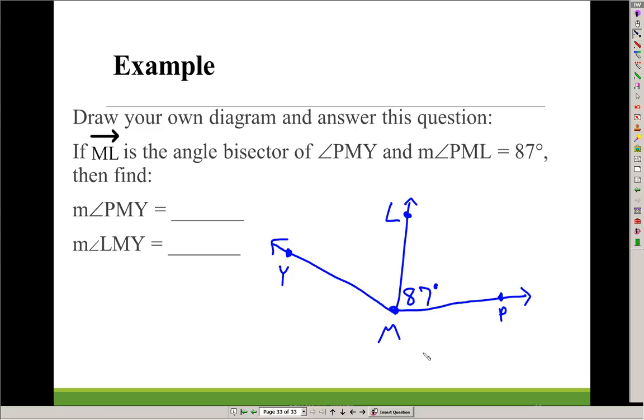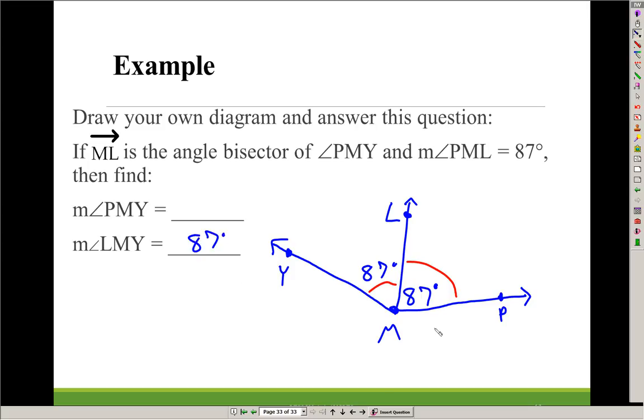Well, if this is an angle bisector, then these two angles are congruent. So those are congruent. I'll put 1 arc on each one, and I know that this has a measure of 87 degrees as well. So angle LMY has a measure of 87 degrees.